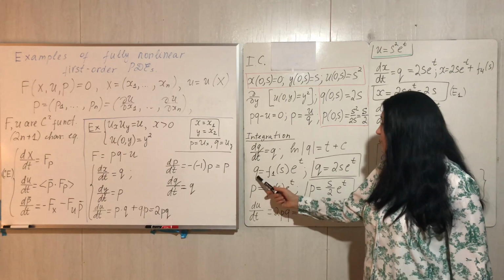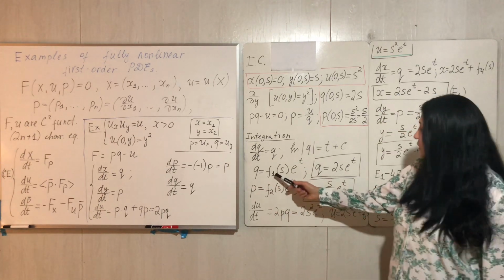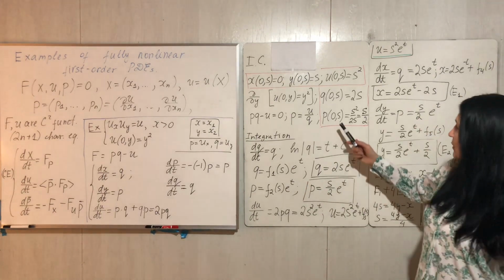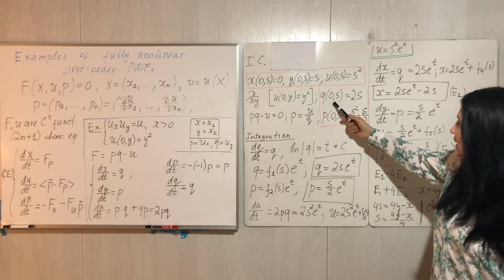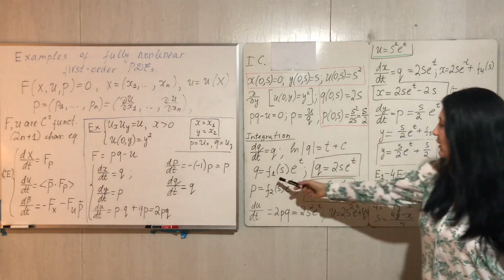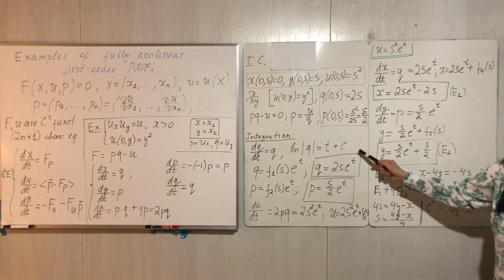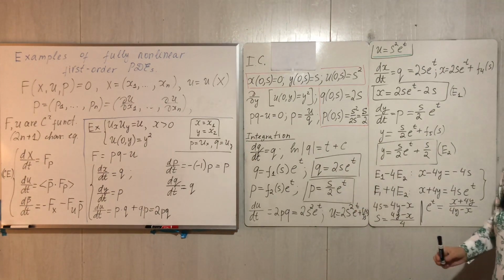So we have q equals f1 of s times e to the t. And f1 of s we can find from initial conditions because we know that q when t equals 0 is 2s. So f1 of s equals 2s, and that would be our final expression for q.